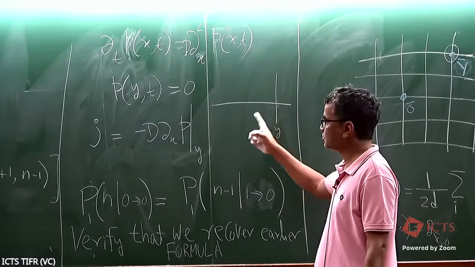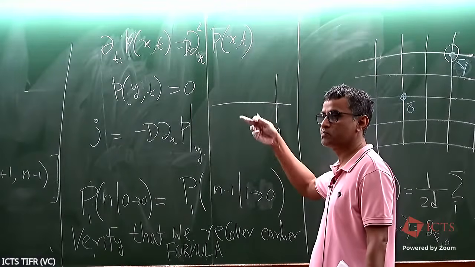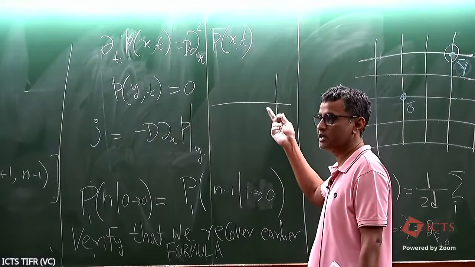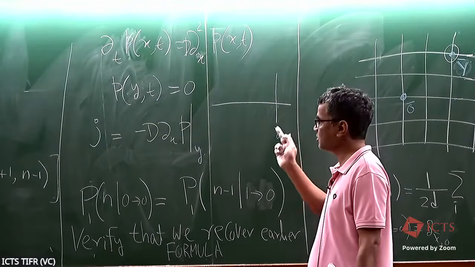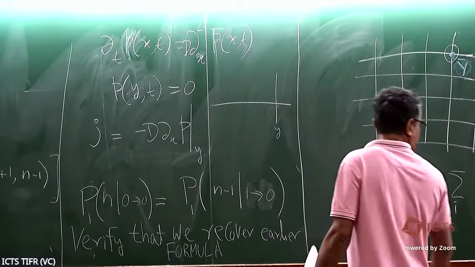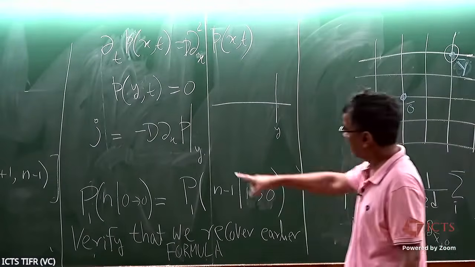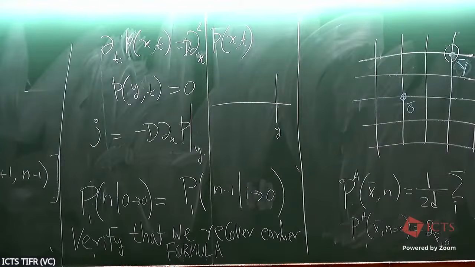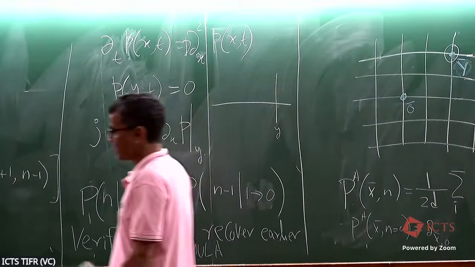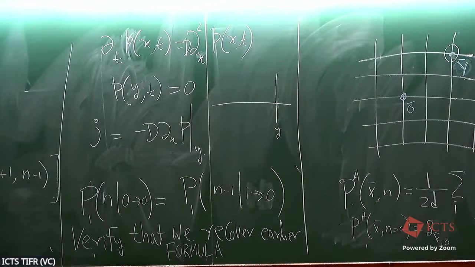So this is precisely the probability that a particle is absorbed for the first time at time t. In fact, this is just the continuum version of what I wrote here. It's just the current evaluated at y. So maybe let's quickly work this out.